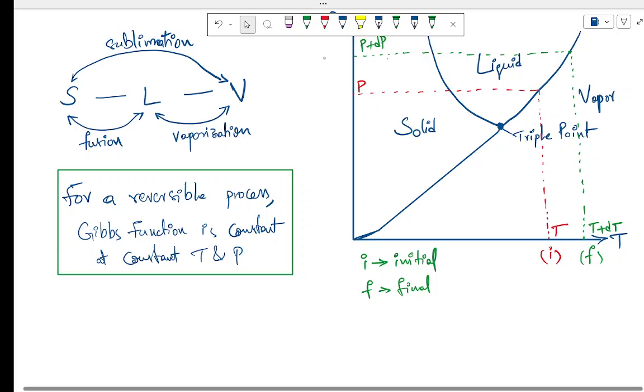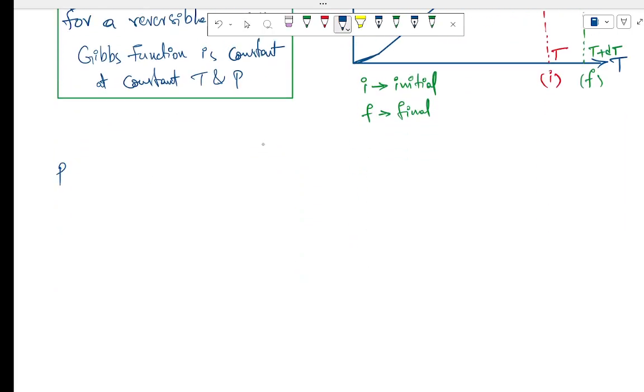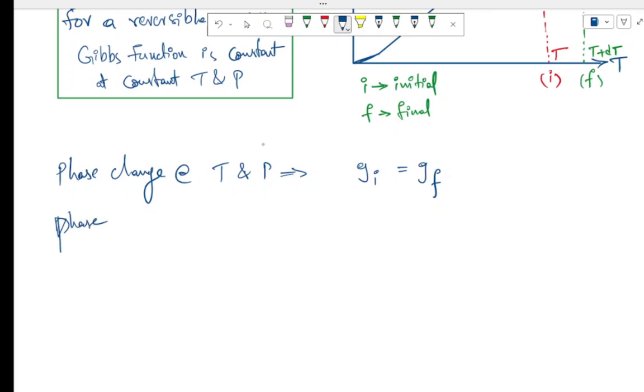So for this process, we may say that the phase change at I, that is at T and P, will be Gi equal to Gf, Gibbs function initial equal to Gibbs function final.